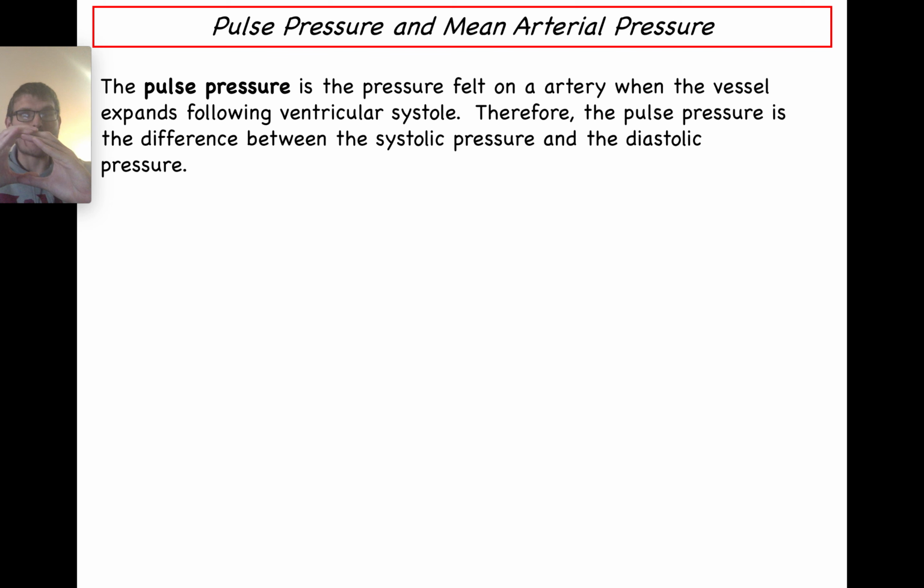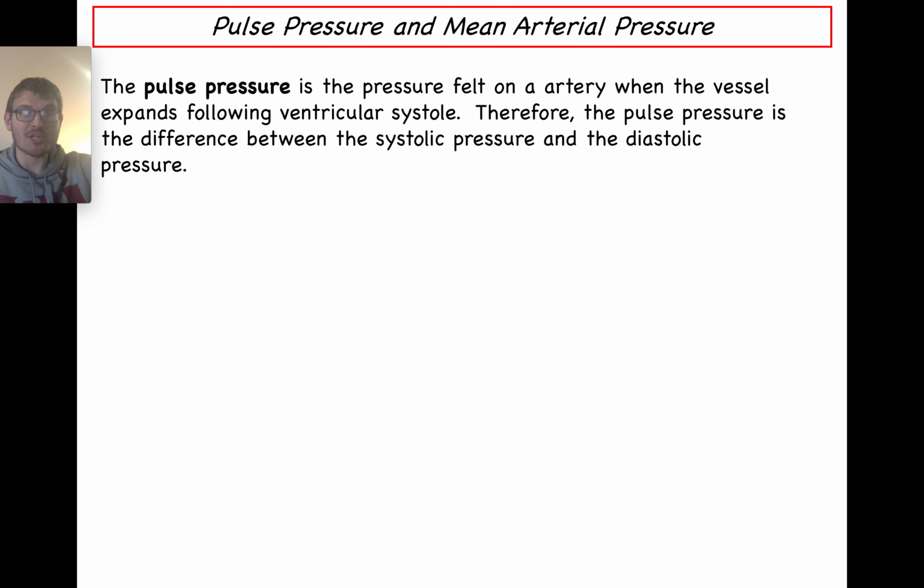So if you think about an artery that is about to expand to accommodate that extra volume of blood coming from the left ventricle, that extra pressure is what takes you from the diastolic pressure up to the systolic pressure.